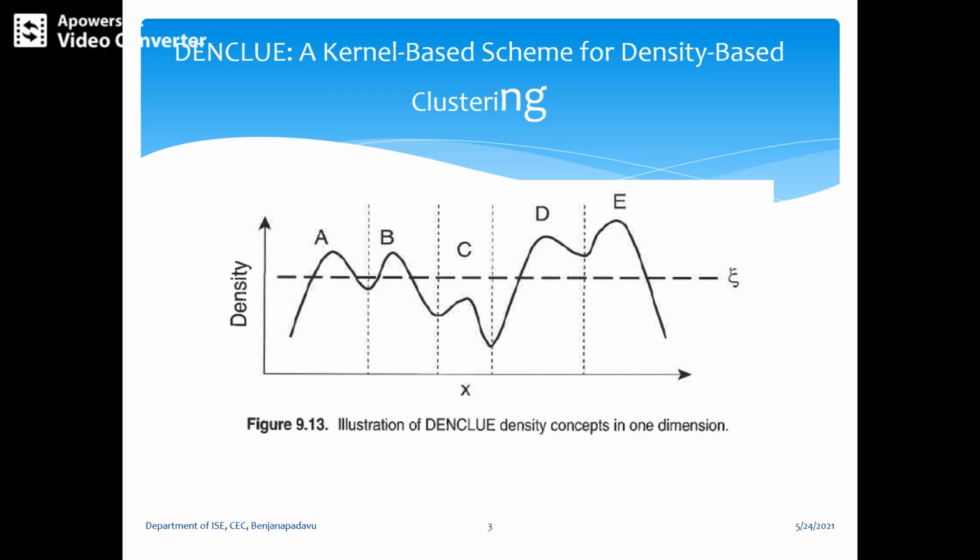Here is an illustration of the DENCLUE density concept in one dimension. DENCLUE is a density based clustering approach that models the overall density of a set of points as the sum of influence functions associated with each point.